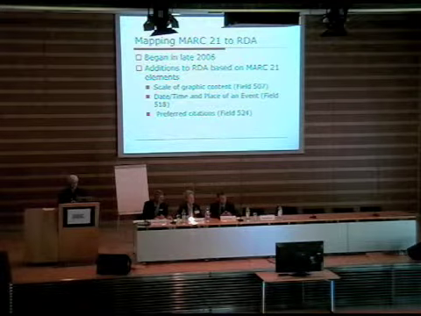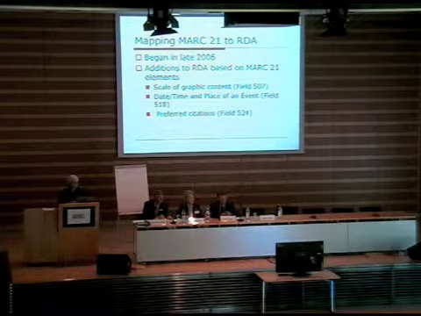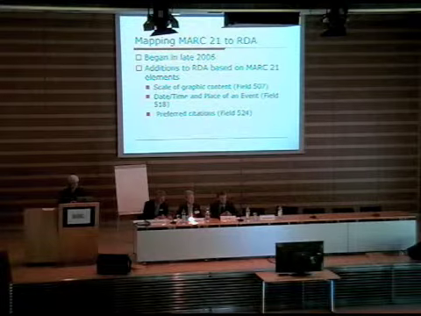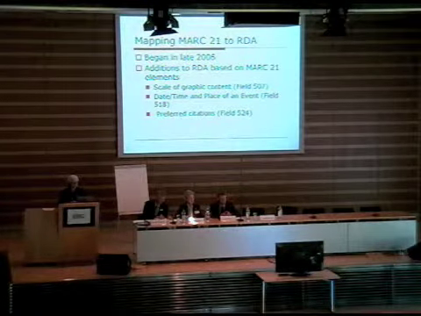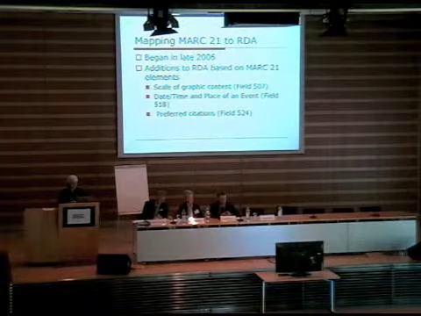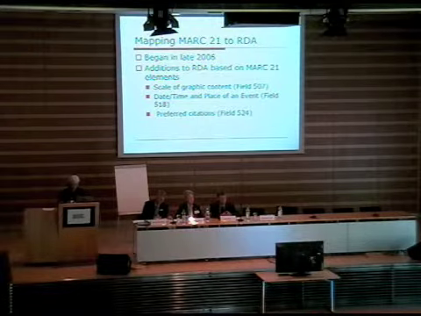So we decided that we would look at that group and decide what to introduce into RDA. As a result, there are 3 new elements introduced in RDA: scale of graphic content, date, time, and place of an event, and preferred citations.